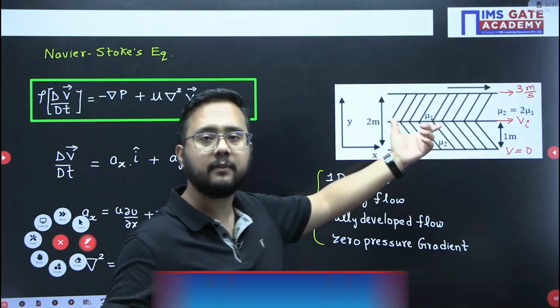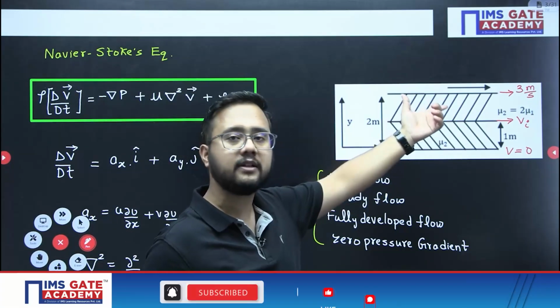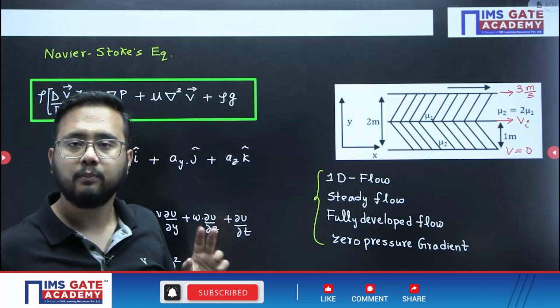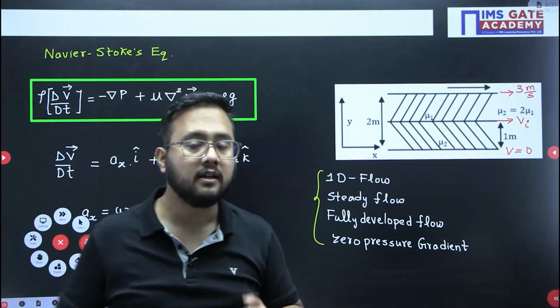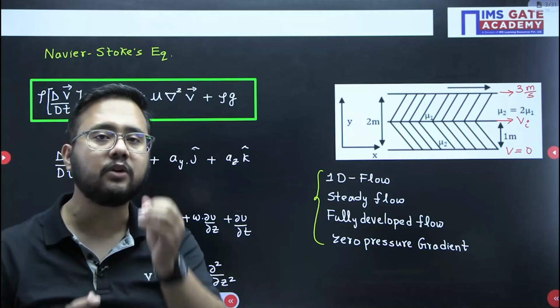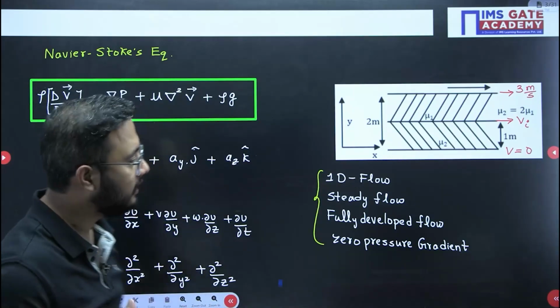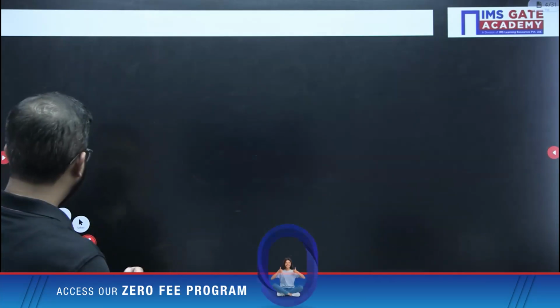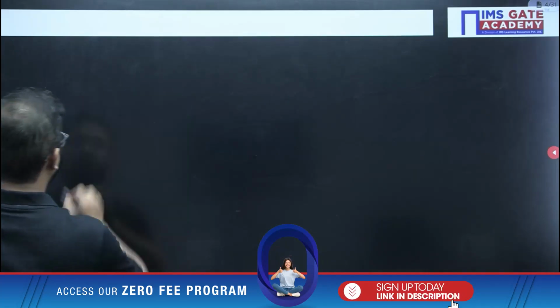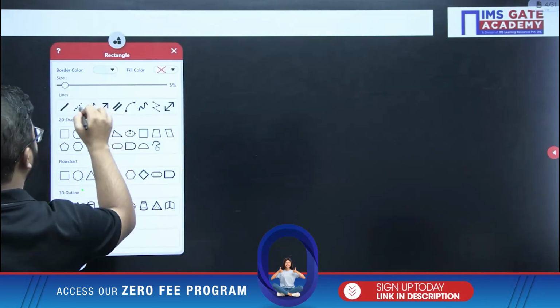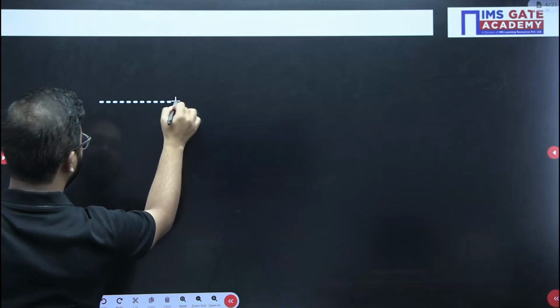From where is it coming? The layer above the interface and the layer just below the interface. Both the layers will apply an equal value of shear force, so an equal value of shear stress. The shear stress value we will be calculating from Newton's law of viscosity, right? So let us write down this part here. That interface, if I have to represent, this would be the interface.